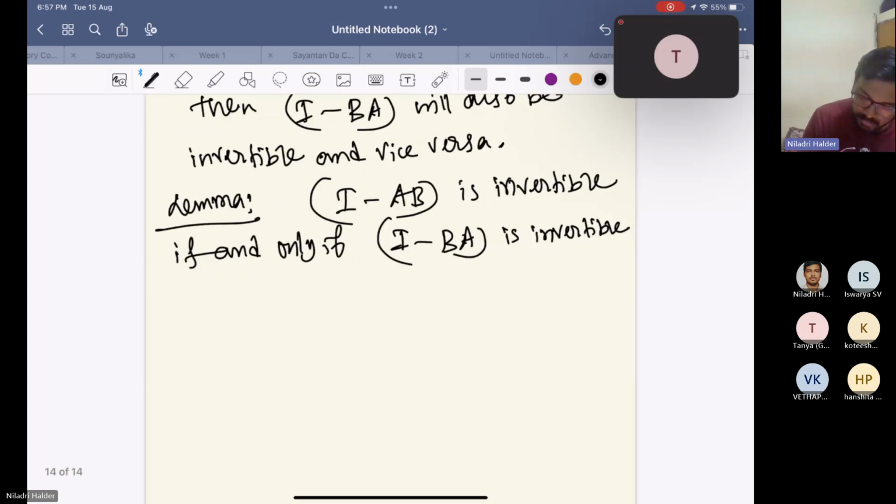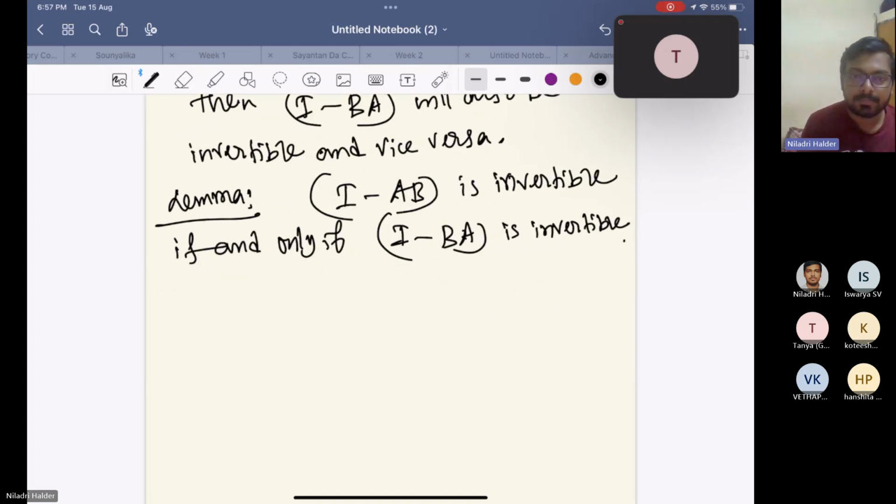Okay, so this is shown using the determinant formula. This lemma can also be proved using an alternative proof.